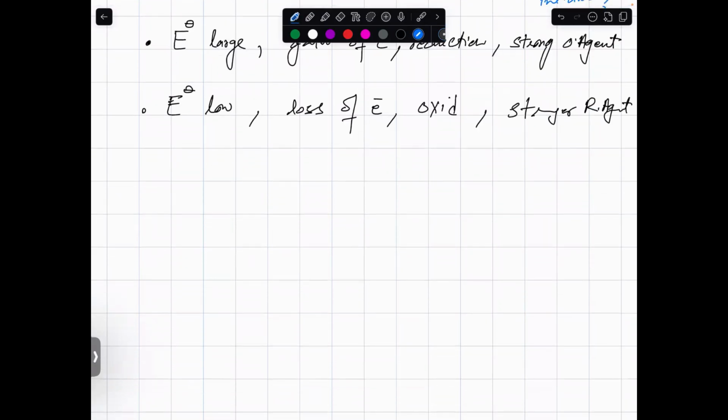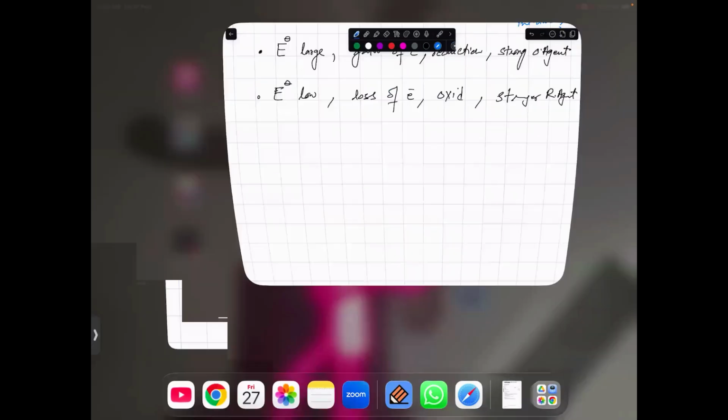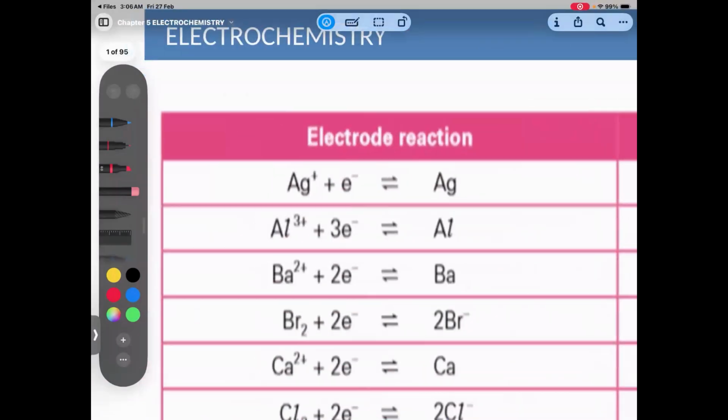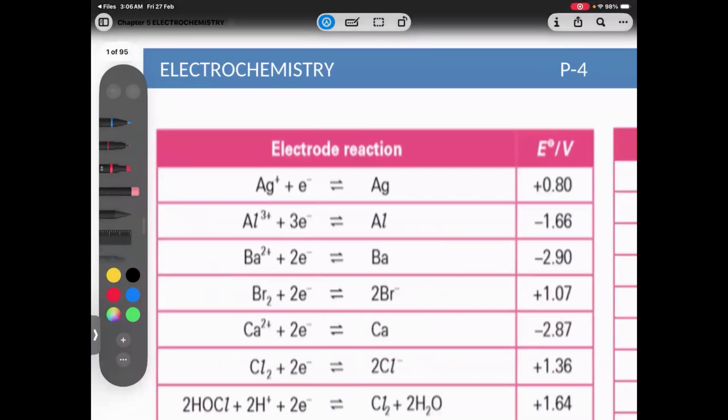Look, in your data booklet, they will give you this type of situation. Compare these first ones. This one is gaining electrons, and it's different in each case.